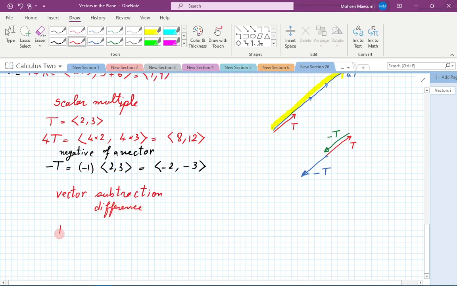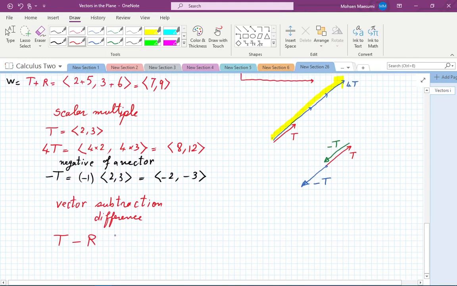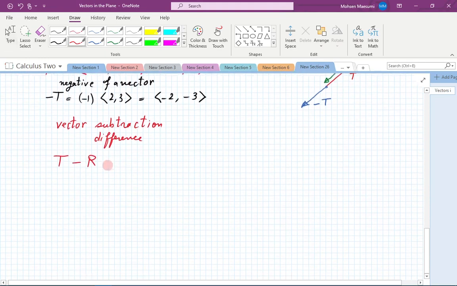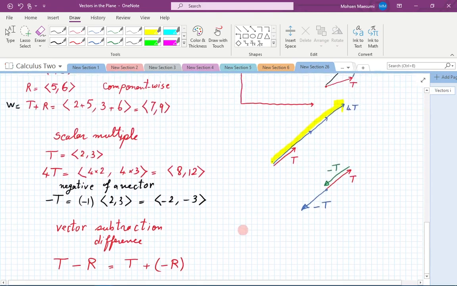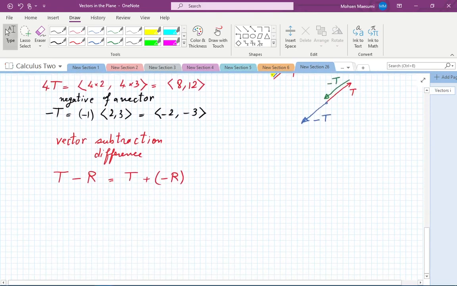So suppose I have a vector t and I want to subtract r from it. Well, exactly like elementary mathematics, you can think about this thing as t to which you're adding the negative of the vector r. Okay, that's one way to think about it. Another way is simply, let's go write this 2, 3, 5, 6.